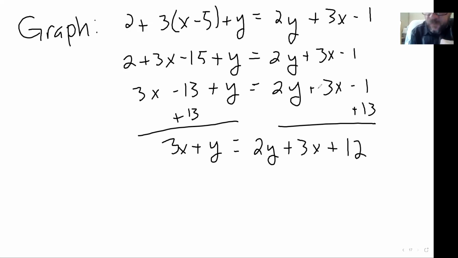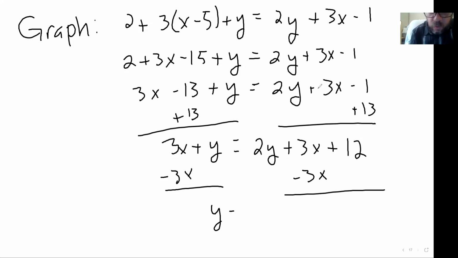And we're going to move all the x's to the right. I'm going to get y equals 2y. Well, 3x minus 3x here are 0, plus 12. Then I'm going to get all the y's to the left, so I'm going to subtract 2y. And I need a new page. But I think you can see what's going to happen.